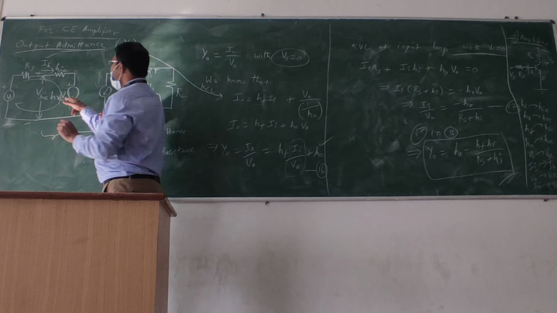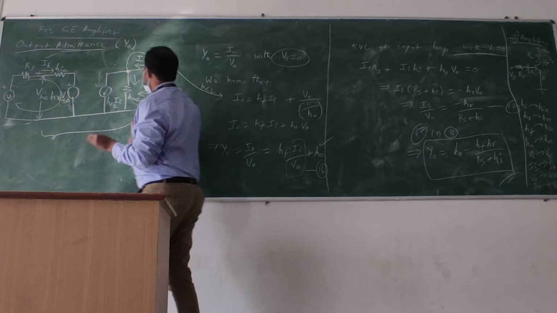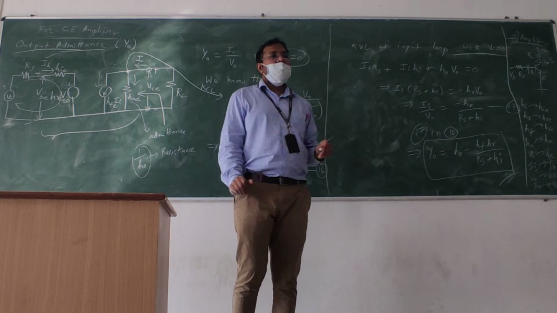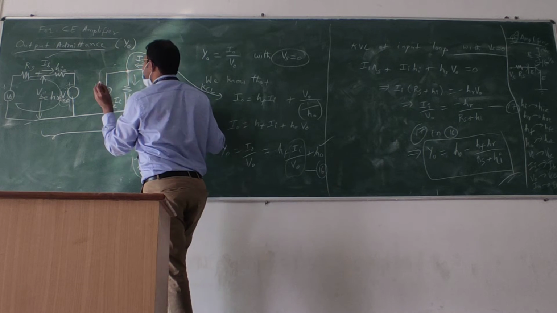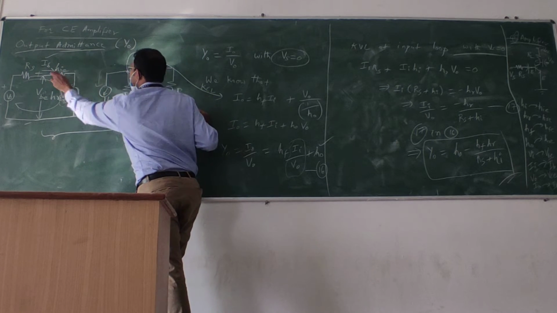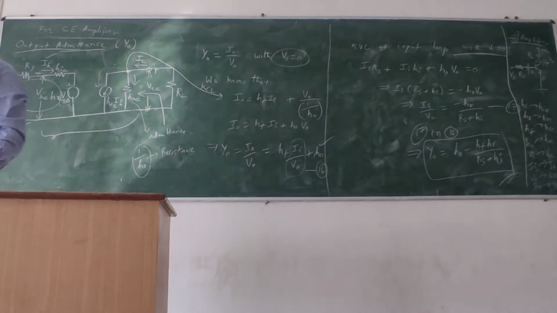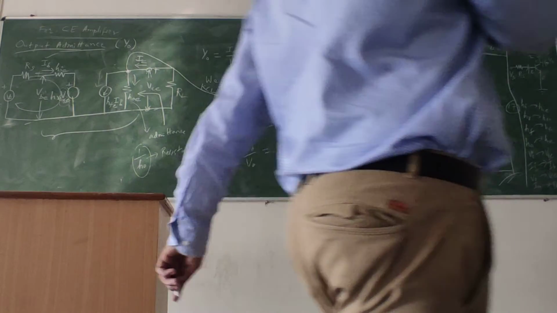Next, in place of V0, VCE. In place of I0, IC. Clear? Able to understand?